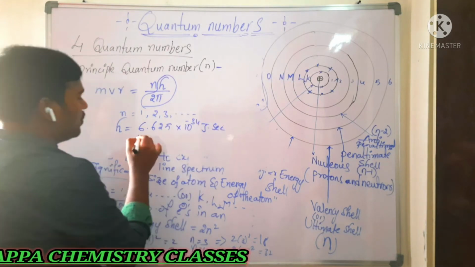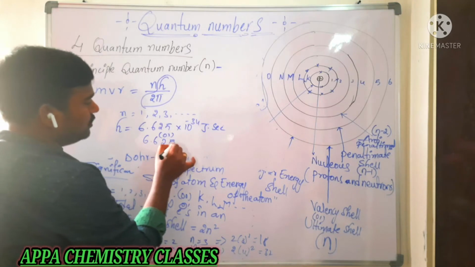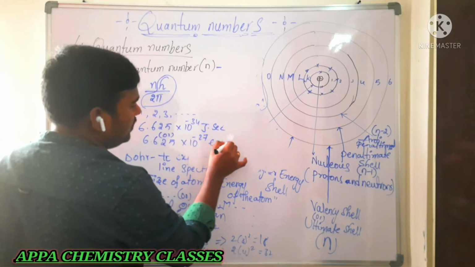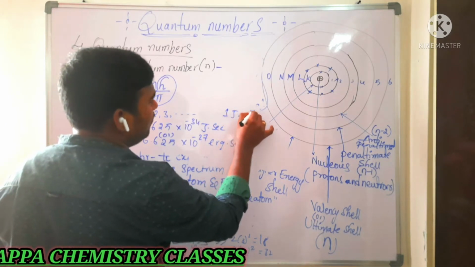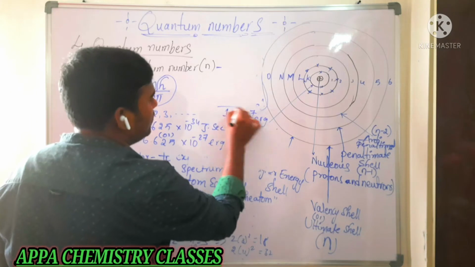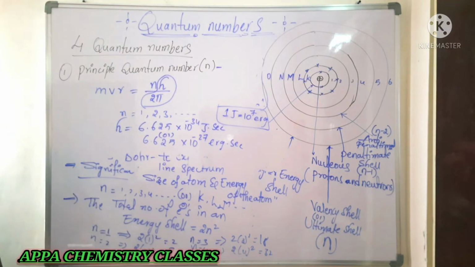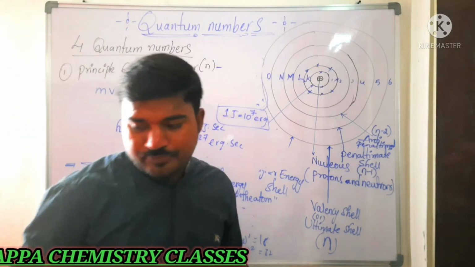In ergs it will be 6.625 into 10 power minus 27 erg second. One joule is equal to how many ergs? 10 power 7 ergs. So from this you will get this. Is that clear? That is about the principal quantum number.